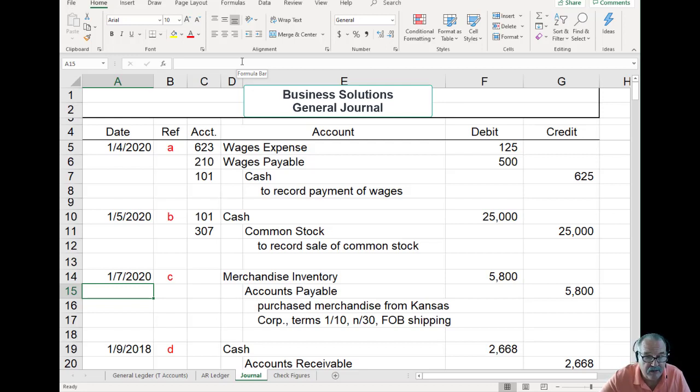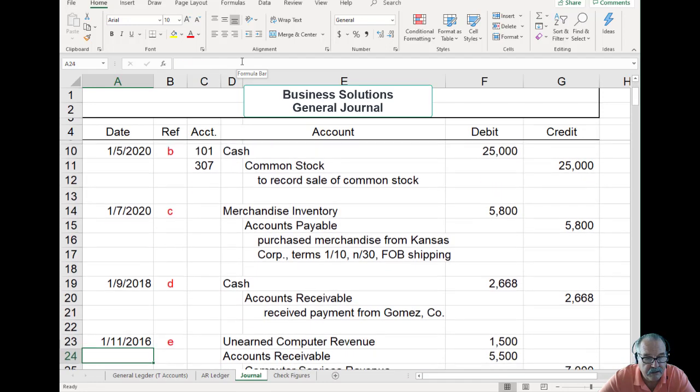So we're going to put it into the asset account called merchandise inventory as a debit. That's going up. And we credit accounts payable because this is on terms 1/10, net 30. FOB shipping point means that as soon as it leaves Kansas Corp, it becomes the inventory of Success Systems.